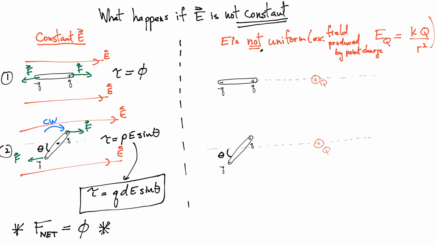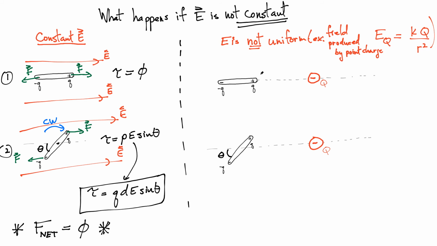So let's have a look at it. Now let's compare the case where the electric field is not uniform in space. For that, I'm going to look at the field produced by a negative charge, and I'm going to place the dipole with its dipole moment pointing toward the negative charge and making some angle, as shown in the bottom figure. Let's look at the forces acting on the dipole.